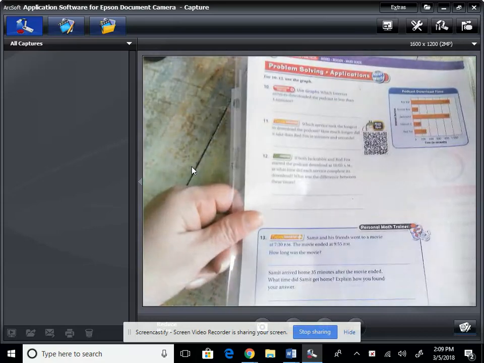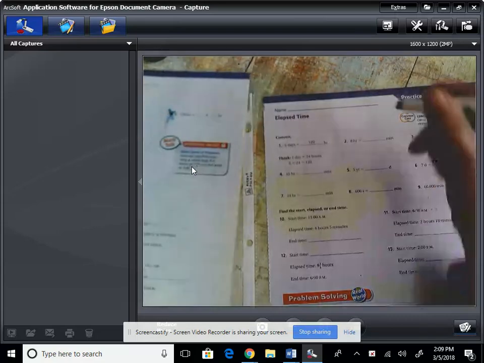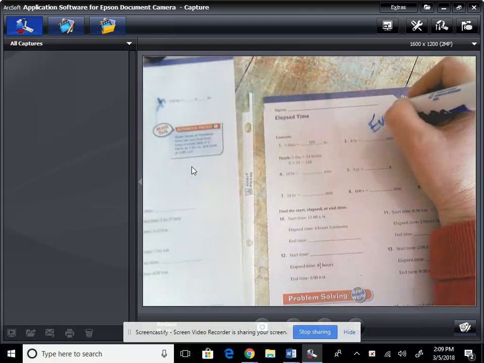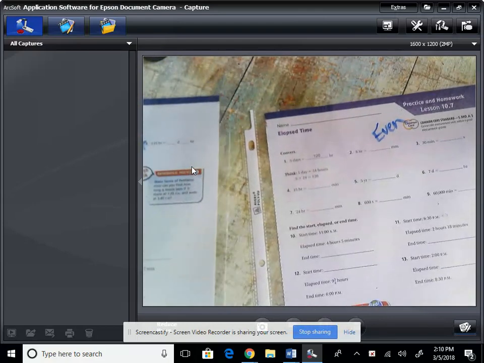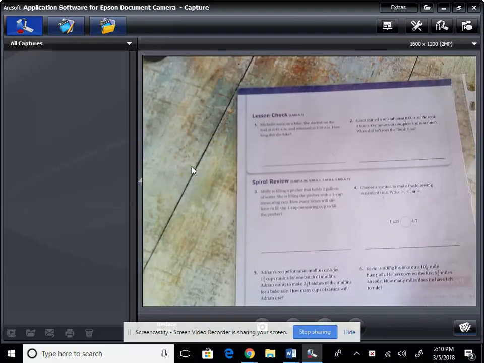You may skip this page, and we will do the evens, not 16, 1 or 2, and all the rest. Converting time.